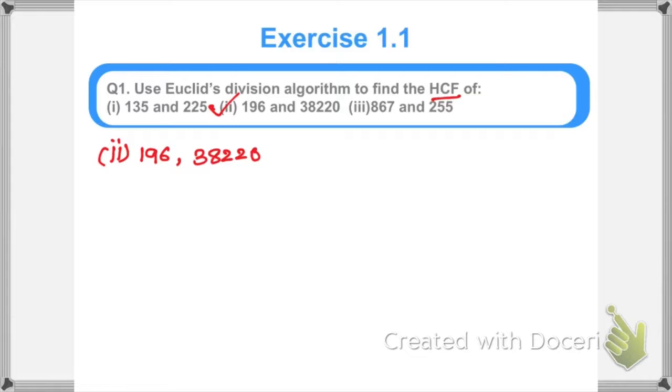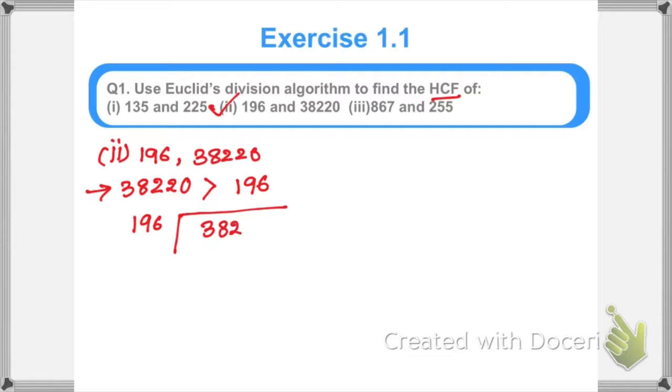So here, since 38220 is greater than 196, here our divisor will be 196 and our dividend will be equals to 38220.